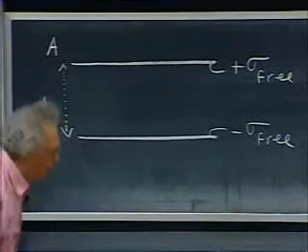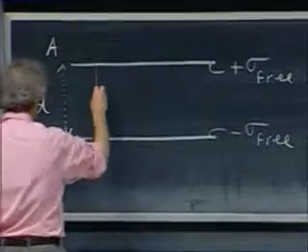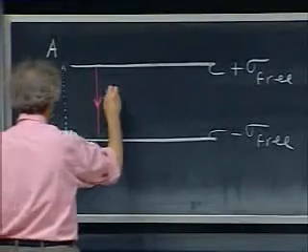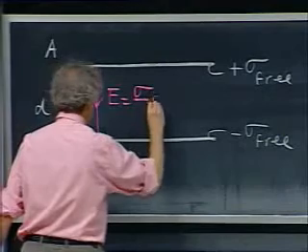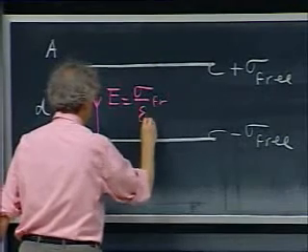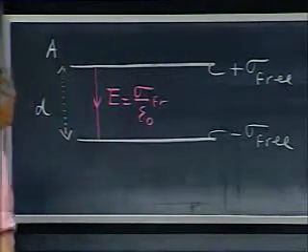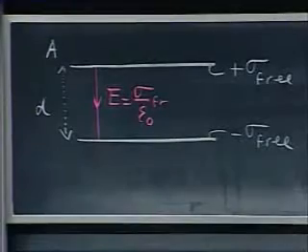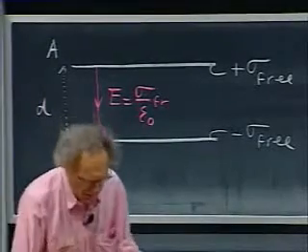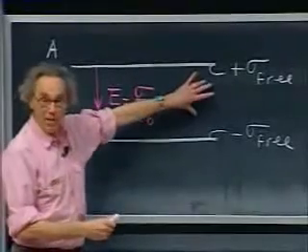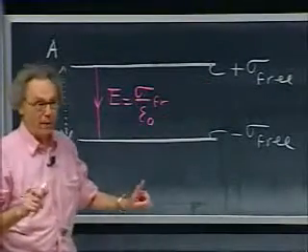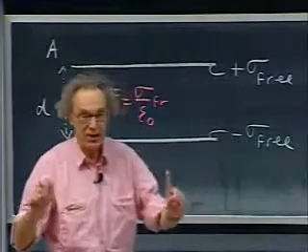So in the beginning it's going to be boring. We know that the electric field here is going in this direction. And that electric field is sigma free divided by epsilon 0. This free goes with the sigma. I charge it up using a power supply. And now, and this is crucial, I disconnect the power supply.